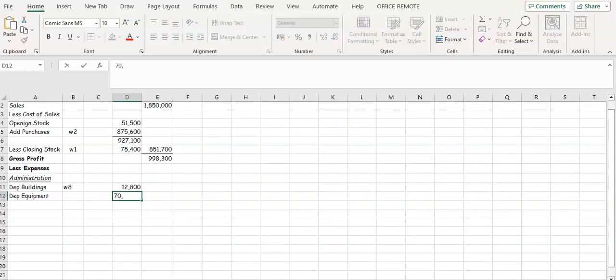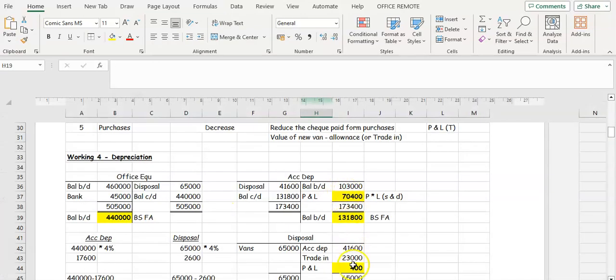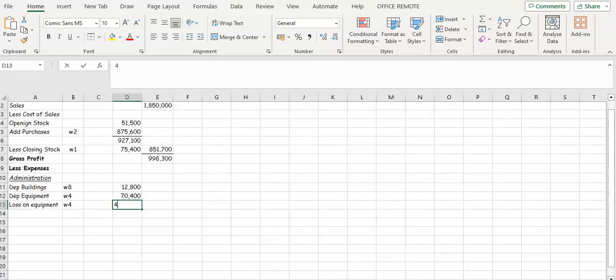So 70,400, working 4. Also, as part of that, we have a loss on the equipment. So we made a loss as part of working 4, and I think that was 400. So the loss then is going to be 400 in P&L.